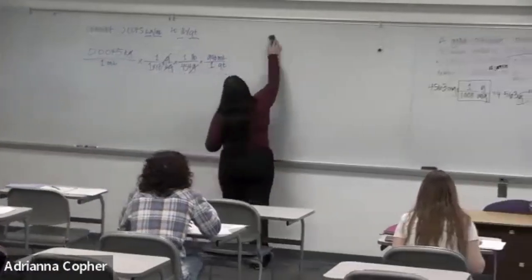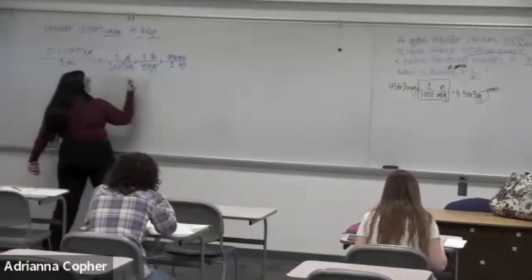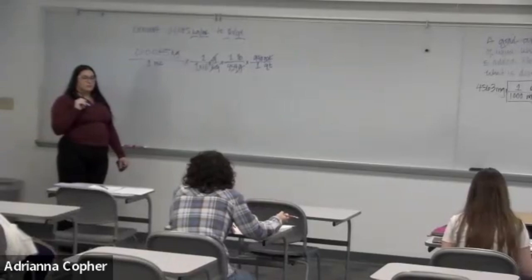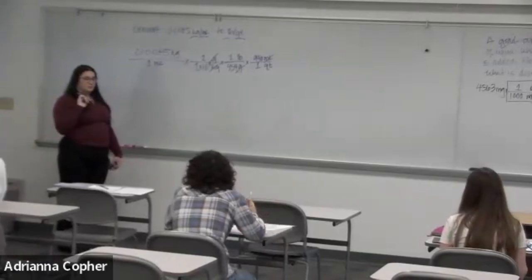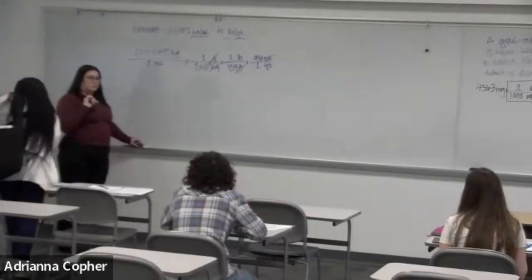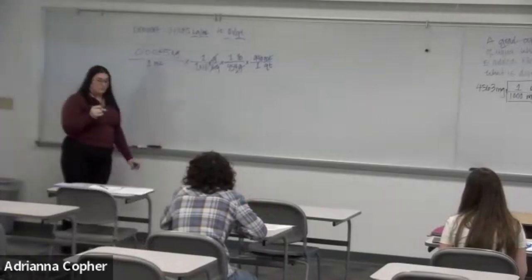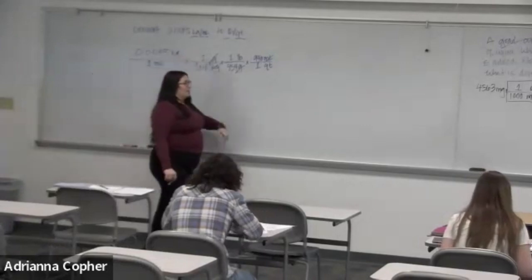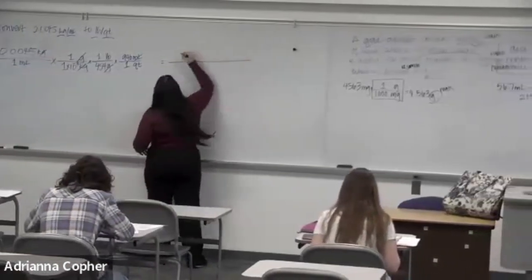So that gets rid of our milliliters, right? Are we done? I mean, other than putting it in a calculator, are we done? Are my units done? Yes, my units are done. Multiply the top, multiply the bottom, divide the top by the bottom. Like this.